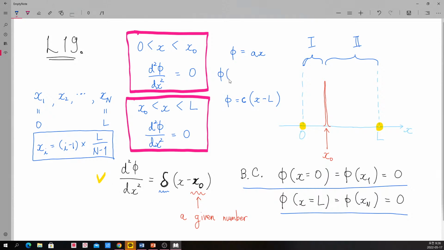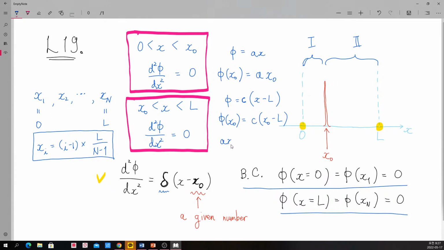So when x equals x naught, the function value should be a times x naught. And also when we insert x naught, it should be c times (x naught minus L). Both of them should have the same value in order to guarantee continuity. Then what happens?